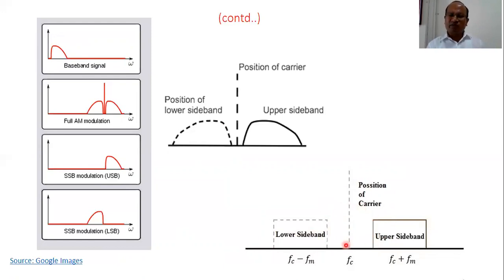Otherwise, this will start from these dotted lines, and this will also come up to this dotted line. The carrier does not have any band. The carrier is just located at the center, with the upper sideband on one side and the lower sideband on the other. So you have two sidebands, and the carrier is lying between the two.